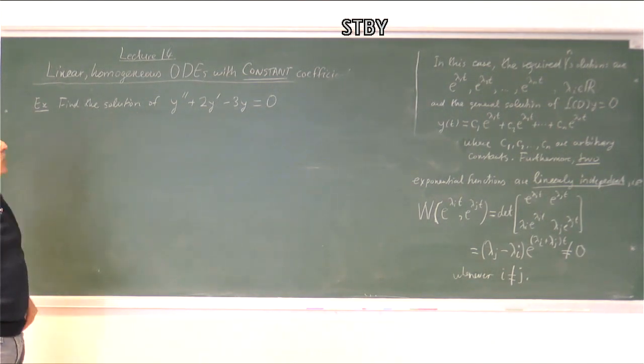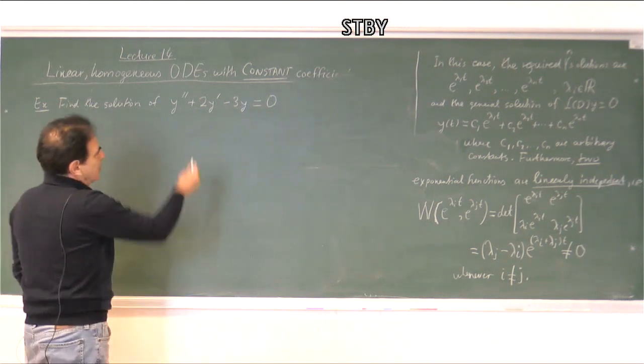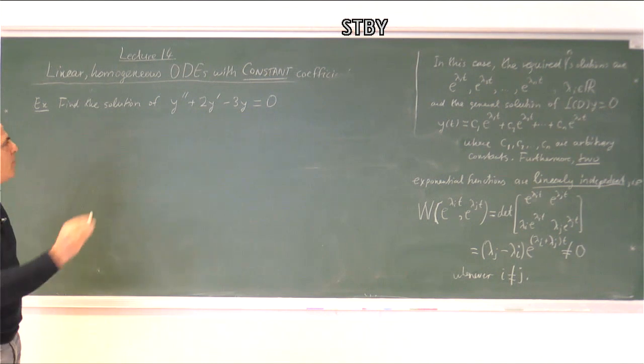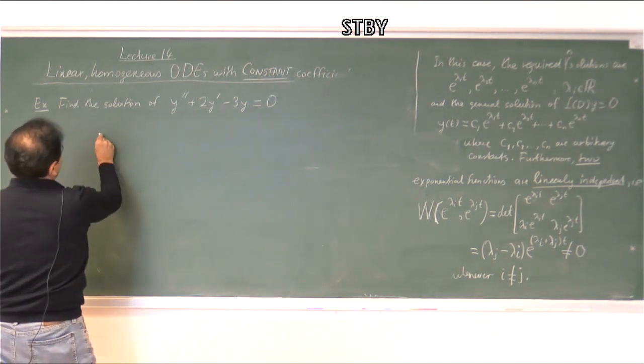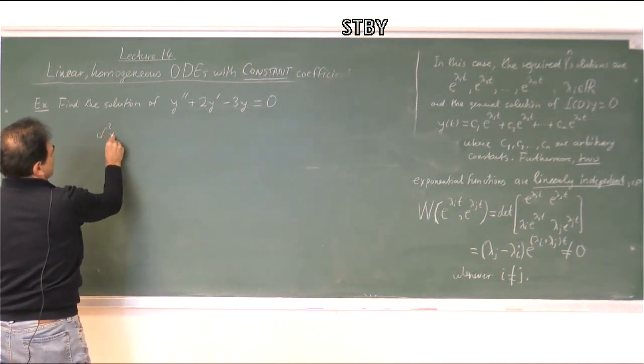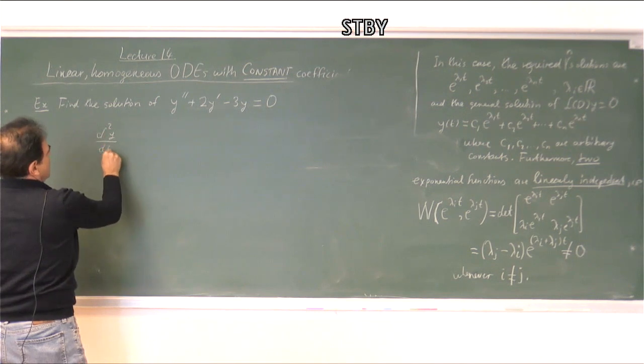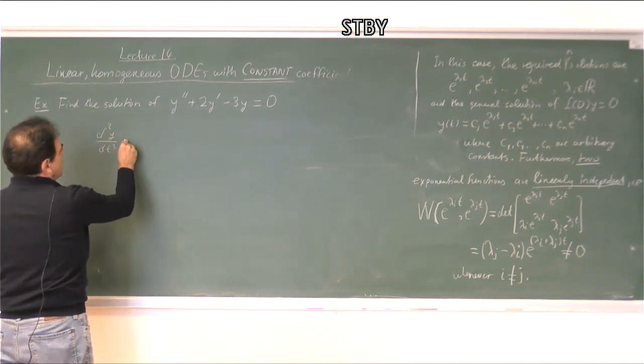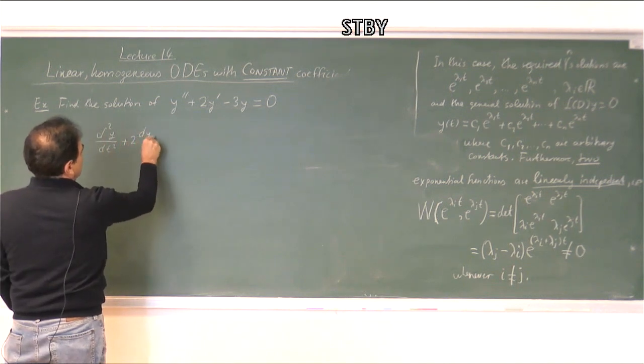So look, actually, let's write this equation step by step. We have d squared y dt squared, y double prime, plus 2 dy dt.